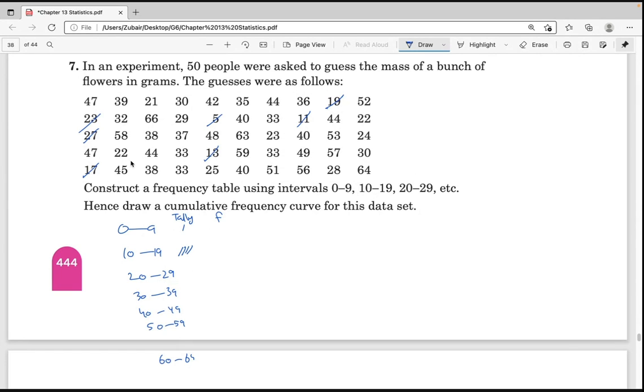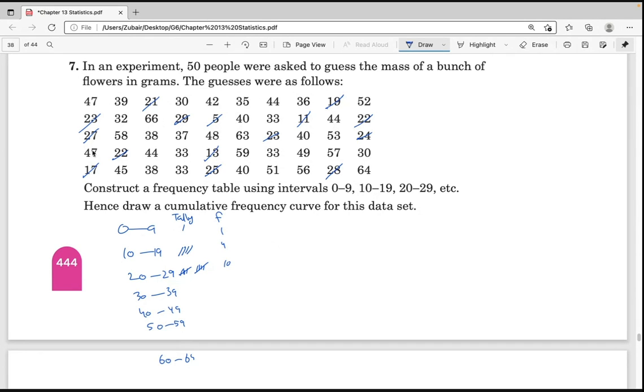One to ten, then 1 to 10 again. This is 1, 4, and 10.